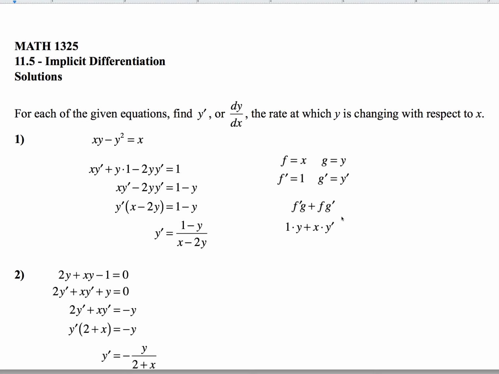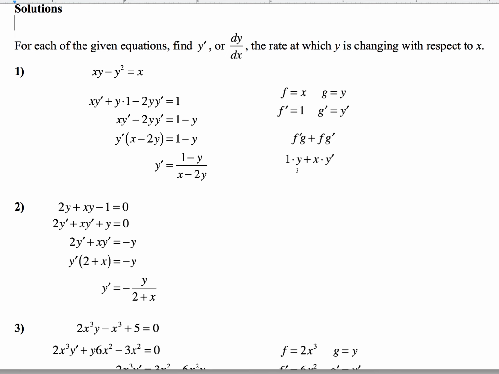So in the solutions that I typed up, these multiplications are written out in the order that follows the book. But I wanted to at least show you why they were in the order that they were.